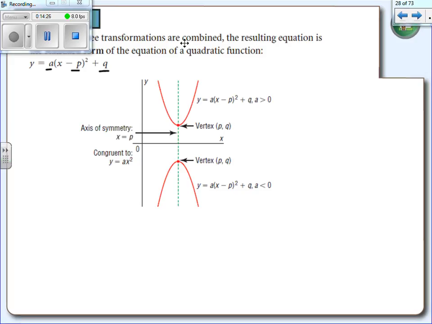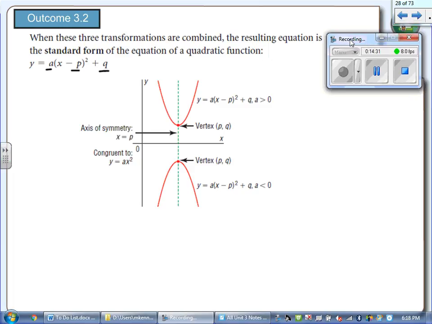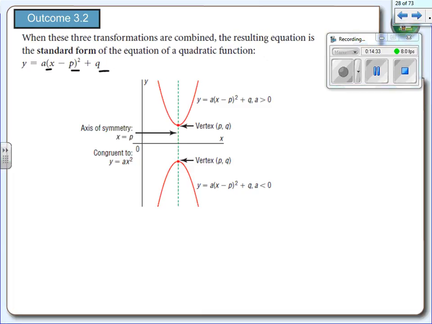So standard form is when it's written in the format y equals A, and then x minus p in brackets, squared plus q, where A can reflect it, or it could stretch it or smush it, so it can make it wider or narrower.